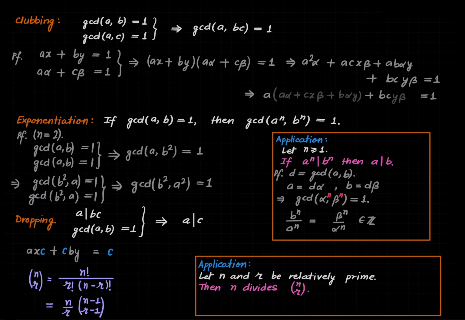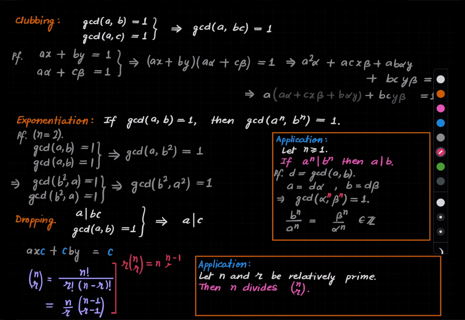So what we get from this is that r times n choose r is equal to n times this thing, which implies n divides r times n choose r. Right, this is what I wanted to say.